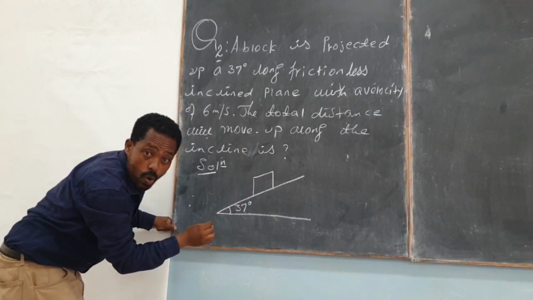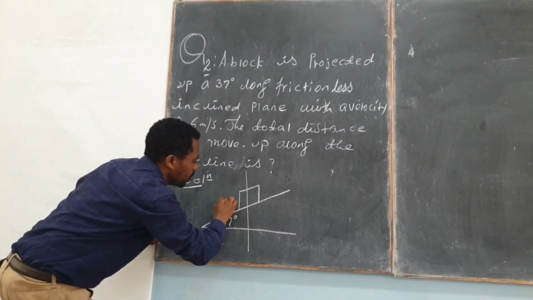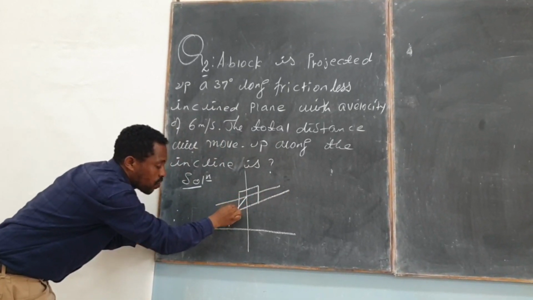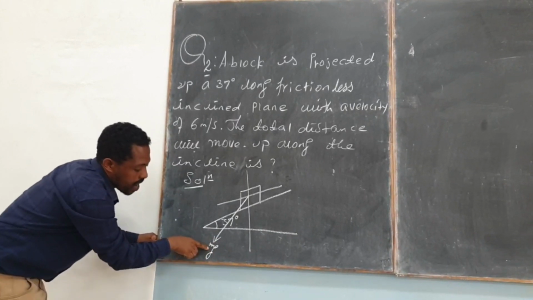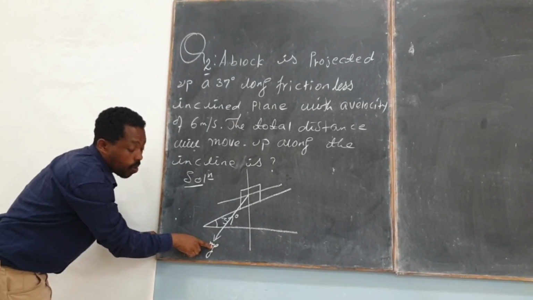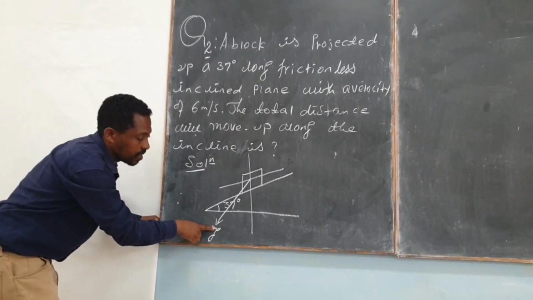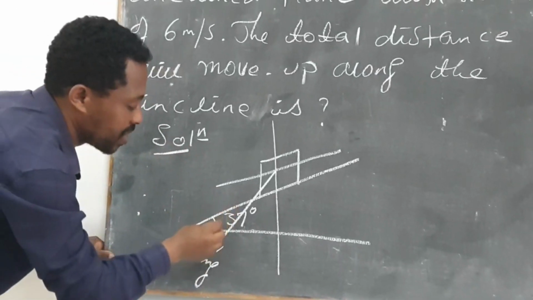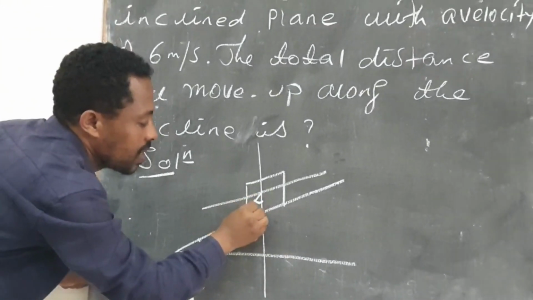Then we have to split the main force vector, that is mg. We have to decompose mg into its x component and y component. And remember, dears, this angle is completely equivalent to this angle.